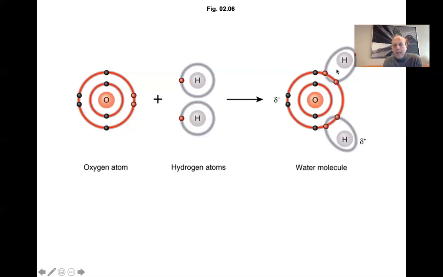It is going to have different attraction to electrons, which means they're going to more frequently orbit around the oxygen, and this part of the molecule will have, relatively speaking, some kind of negativity, whereas this end, where you see either of the two hydrogen atoms, will be attracting electrons a little bit less. Therefore, this part of the molecule will become more positively charged.